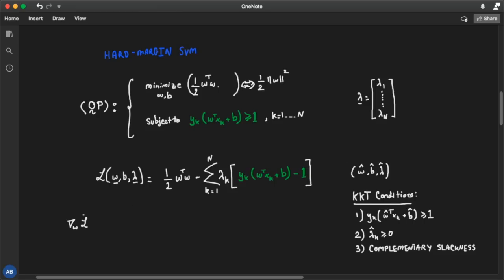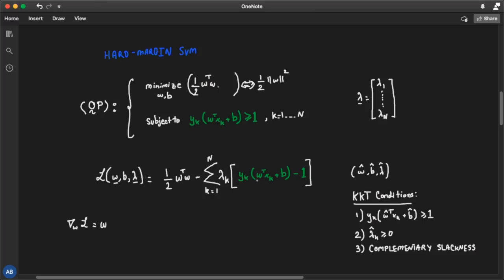So what happens when I take the gradient with respect to W? When applying a vector derivative on W transpose W, we get a 2W. And this 2 will cancel out with this 2, leaving us with W. Okay? Now over here, this term is linear in terms of W, right?